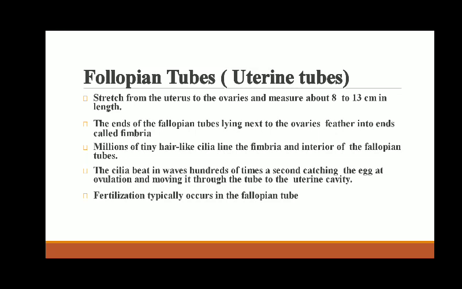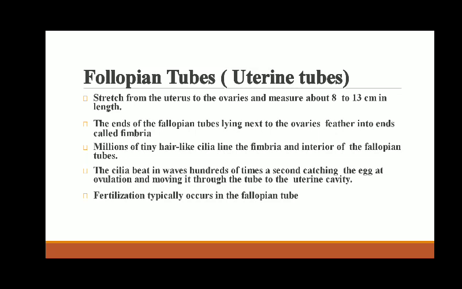Next one, we will discuss the fallopian tube, that is uterine tubes. They stretch from the uterus to the ovaries and measure about 8 to 13 centimeters in length. The ends of the fallopian tube lining next to the ovaries feather into the ends called fimbria.